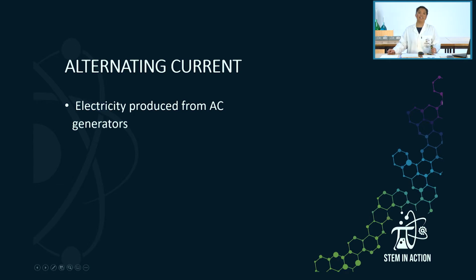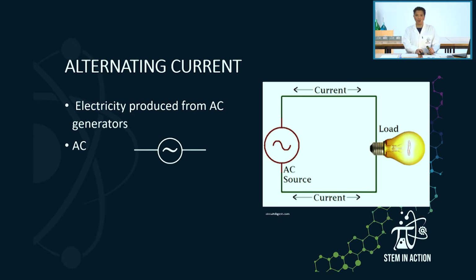What is alternating current? It is the electricity generated or produced from AC generators. Remember these AC generators we discussed in part 1 of electrodynamics. The abbreviation is AC, and the symbol is shown in the electric circuit diagram on our right over here.